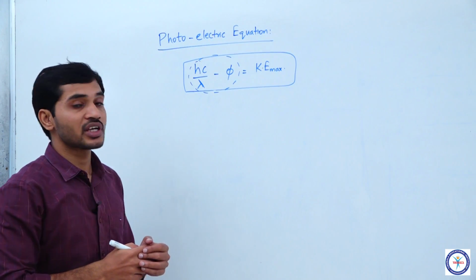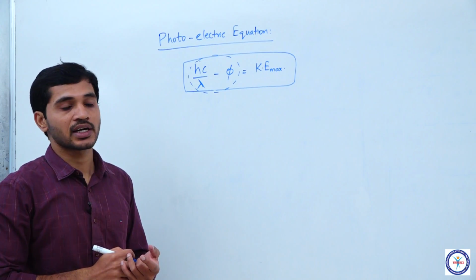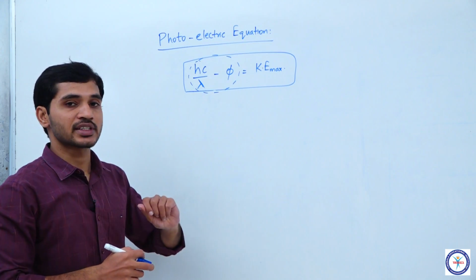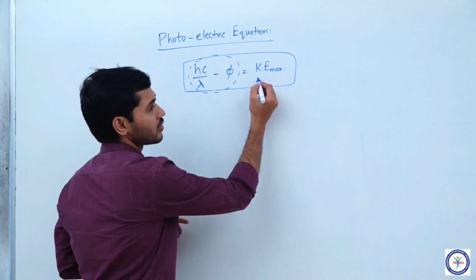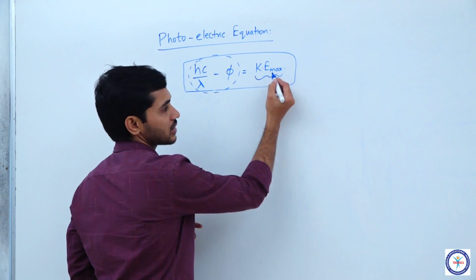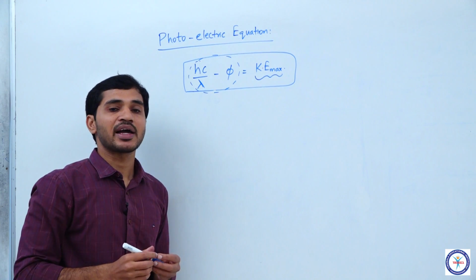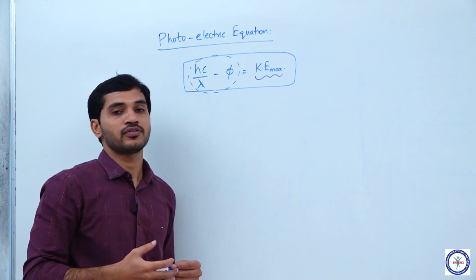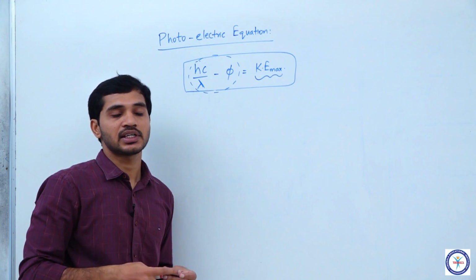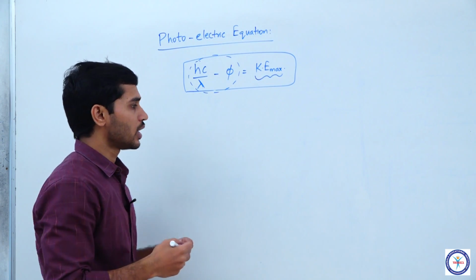The reason why I am saying may is because collisions can occur and it might lose its kinetic energy, and that is the reason why we have a max over here. So, this hc by lambda minus phi is the maximum possible value of kinetic energy that the electron may possess.